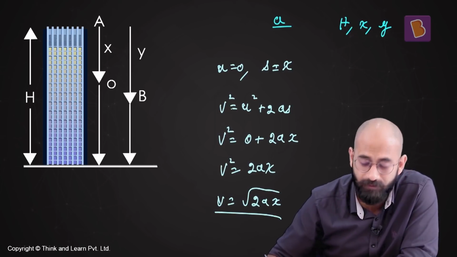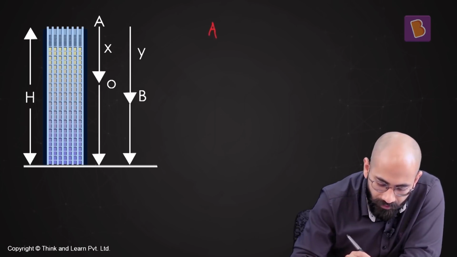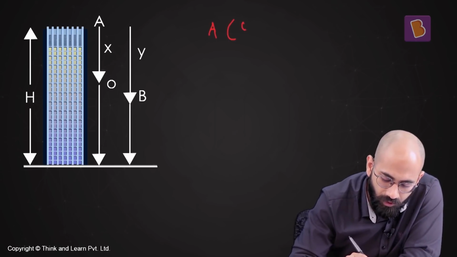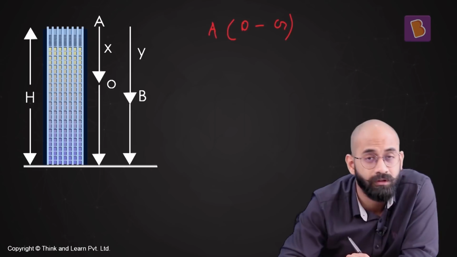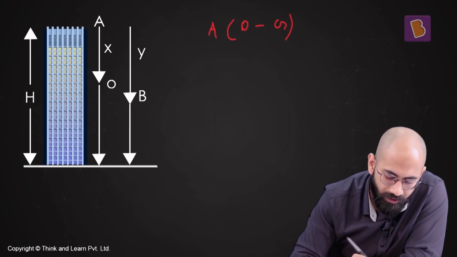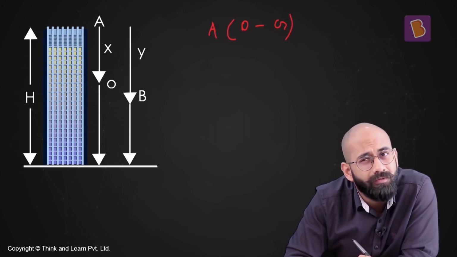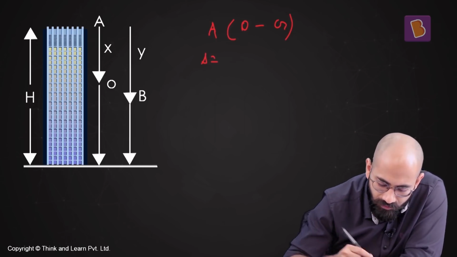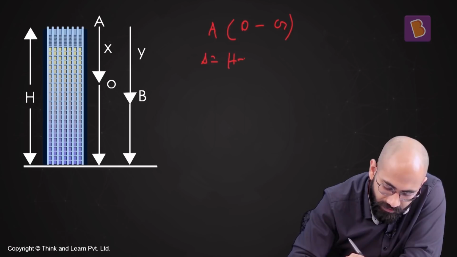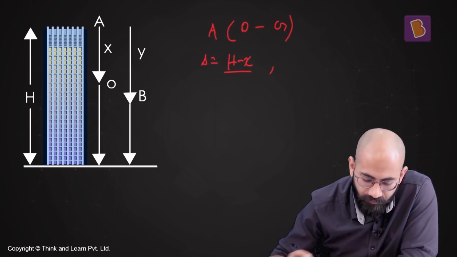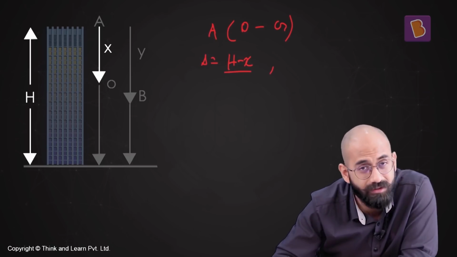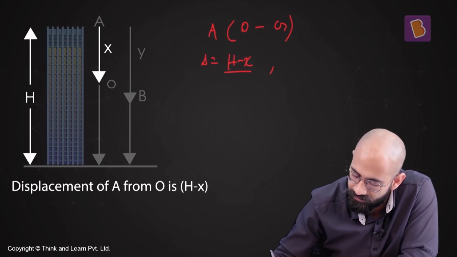Let's first check for A. So for A, when it's traveling from O to the ground, from the point O to the ground, how do you calculate the time? We know that S for this is equal to h minus x, because this distance is x and the total distance is h. So the overall distance that it is traveling is h minus x.